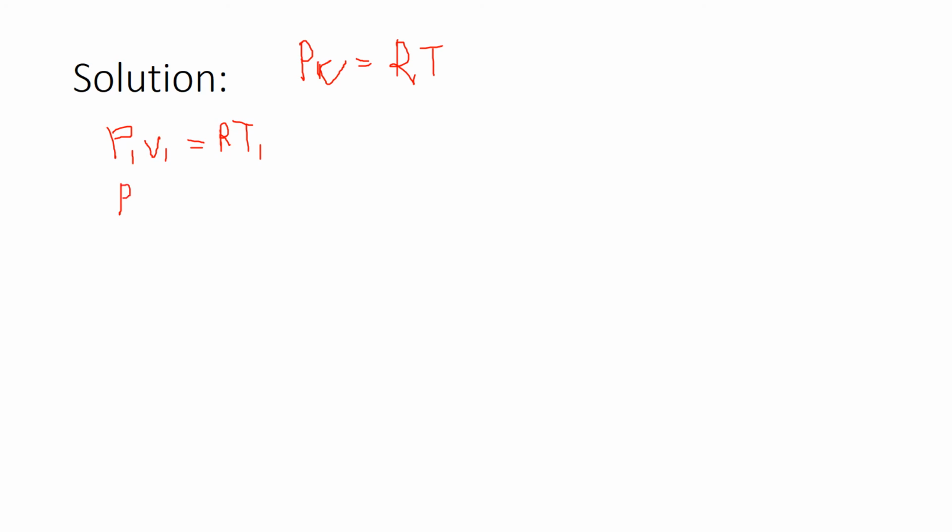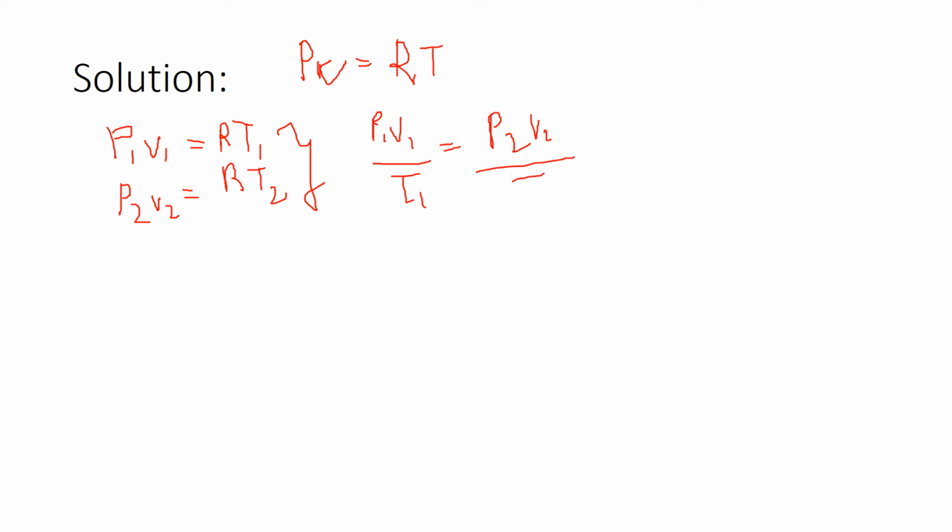Similarly, we have P2 V2 equal to R T2. From this I can get P1 V1 by T1 equal to P2 V2 by T2.